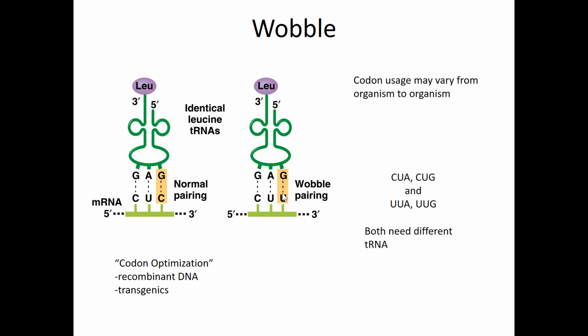And so you have this G that can actually interact with uracil, still another pyrimidine. A purine seems to always have to interact with a pyrimidine, but not the pyrimidine it typically interacts with. And so what this allows is some flexibility in what amino acid you can get because of which tRNA can actually bind to the codon.